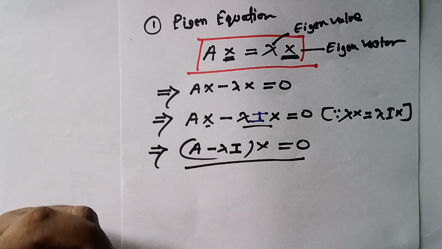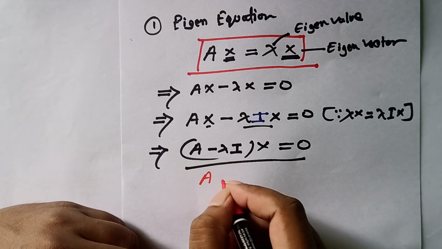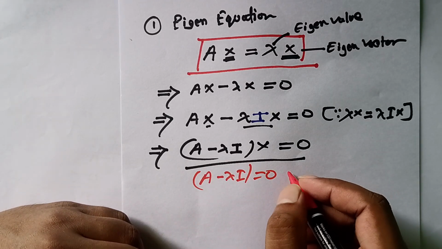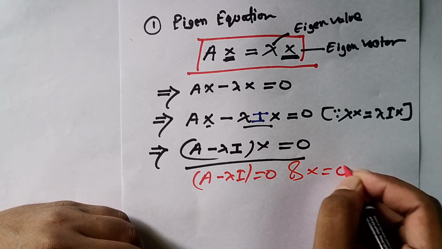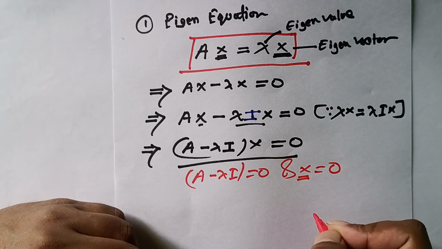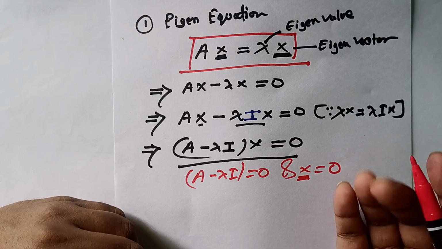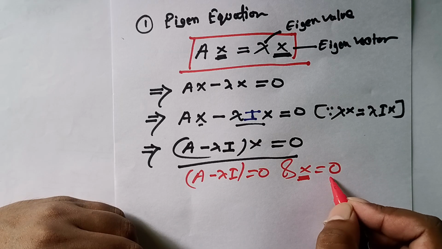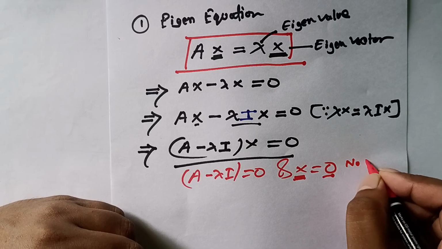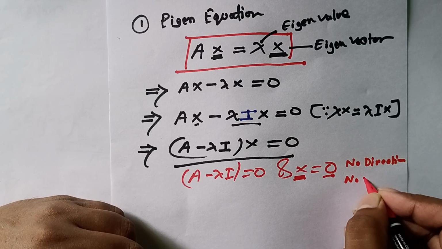Now, if you solve this equation, what will you find? You will find A minus lambda I is equal to 0 and x is equal to 0. Notice that this is our eigenvector, and it gives us a zero vector. That means no direction, no magnitude.